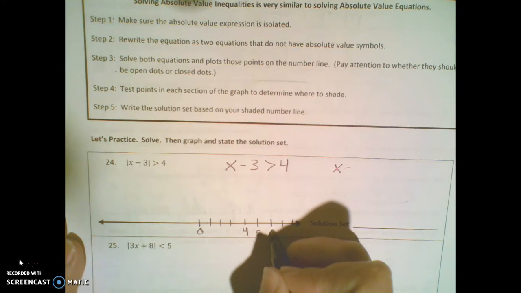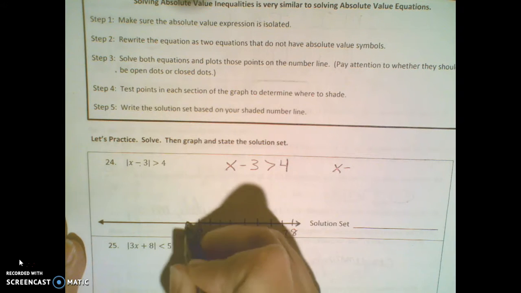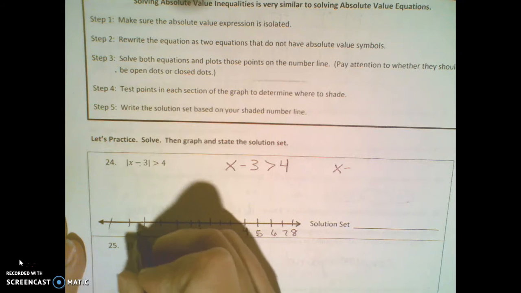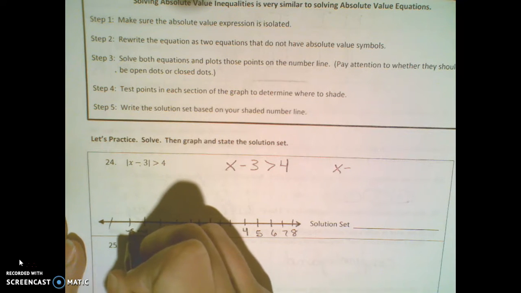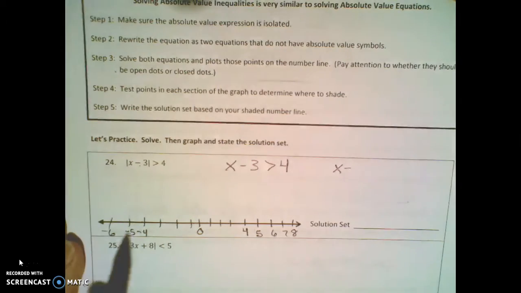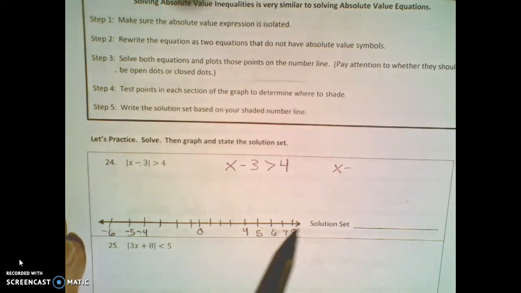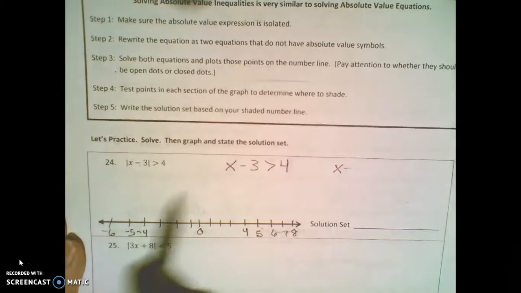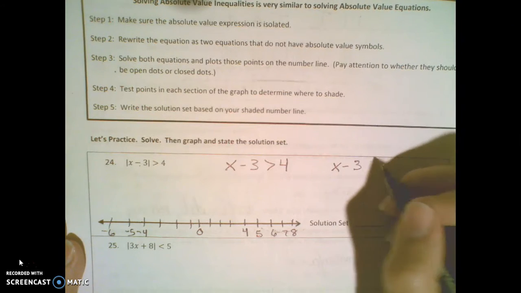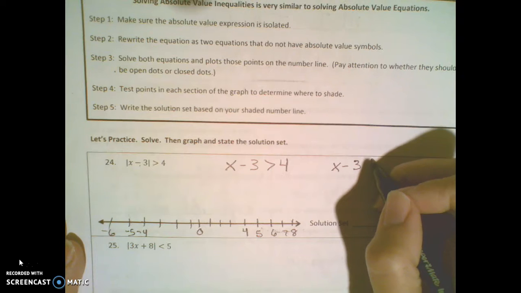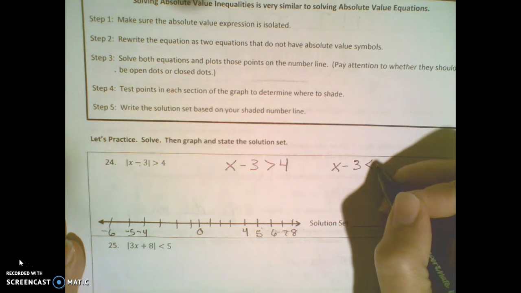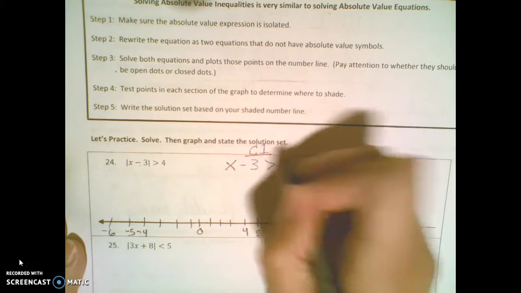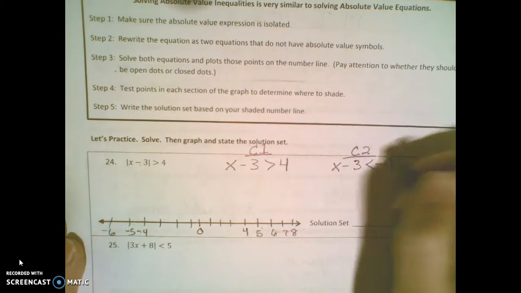Anything bigger than this, 5, 6, 7, 8, those are all going to be, 1, 2, 3, 4, -4, -5, -6. Those numbers up here that are greater than +4 are going to be down here less than -4. So that's how we have to set up this second inequality, this case 2. We have to make it less than -4. So this is our case 1, and this is our case 2.